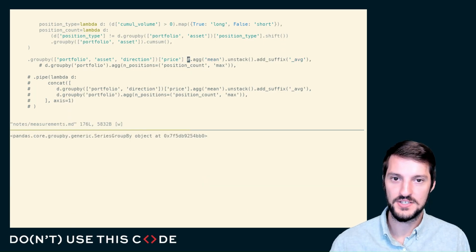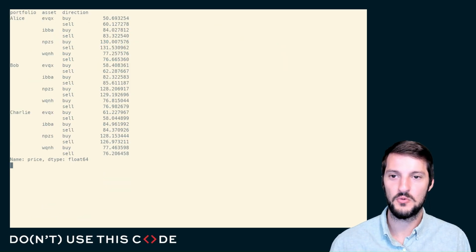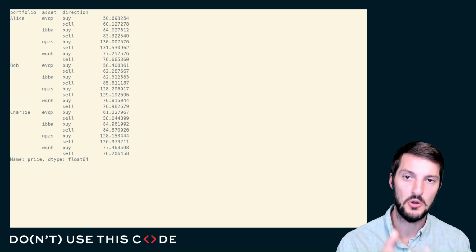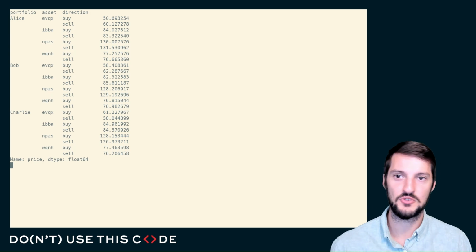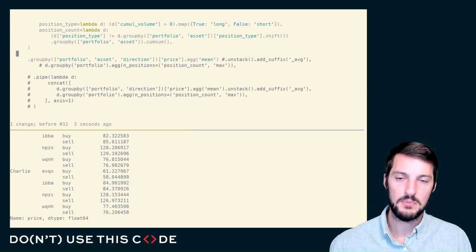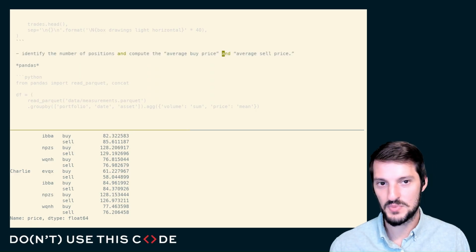Now, when I do this, you'll note that I have a shape data frame, right, where I have a multi-index, no columns, just a single series here, and I'm just investigating the portfolio, the asset, and the direction. I know that based on my question, I'm curious about the number of positions and the average buy and sell price.